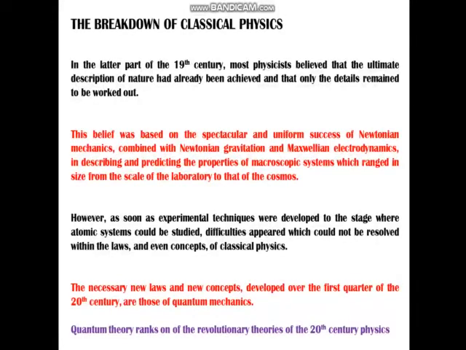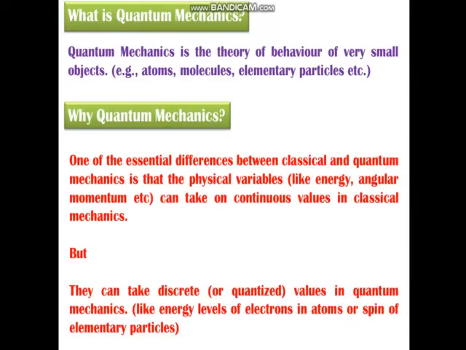However, as soon as experimental techniques were developed to the stage where atoms could be studied, difficulties appeared which could not be resolved based on Newtonian mechanics, and even the concepts of classical physics failed in this case. So the necessary new laws and concepts, developed over the first quarter of the 20th century, are those of quantum mechanics. Hence, quantum theory ranks as one of the revolutionary theories of 20th century physics.